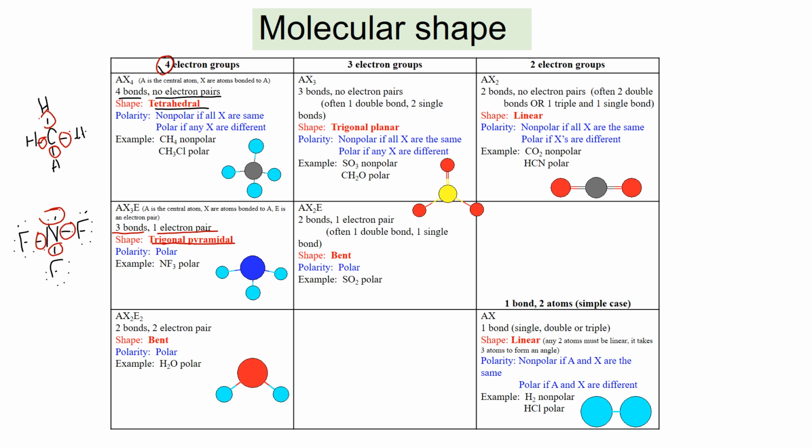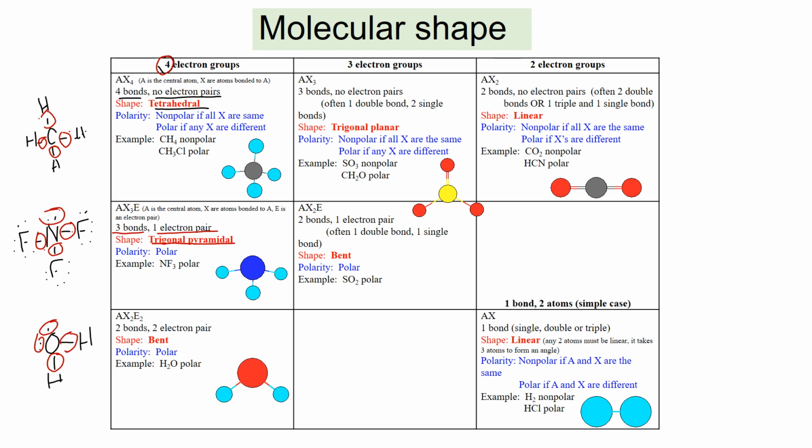Let's look at the water molecule. We've seen this one. Water, we have oxygen with a hydrogen and a hydrogen, and the oxygen also has 2 electron pairs. Now, our central atom is oxygen, so let's circle the electron groups. We have a bond and 2 pairs.